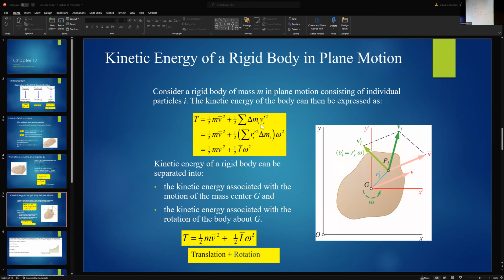It turns out that if you break those out, the m1 v1 squared, what this is saying is that if you have other velocities in your particle that you have to deal with, you have to add those to the velocity that's due to the motion of the center of gravity.